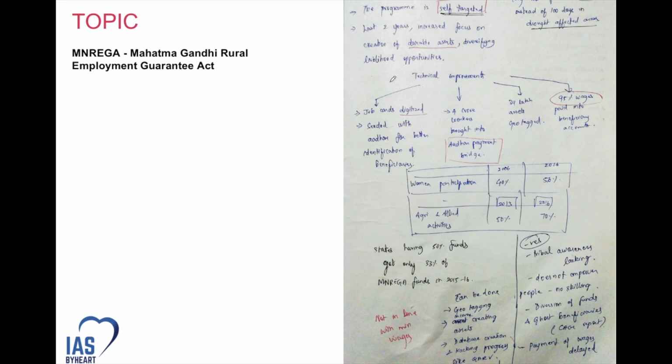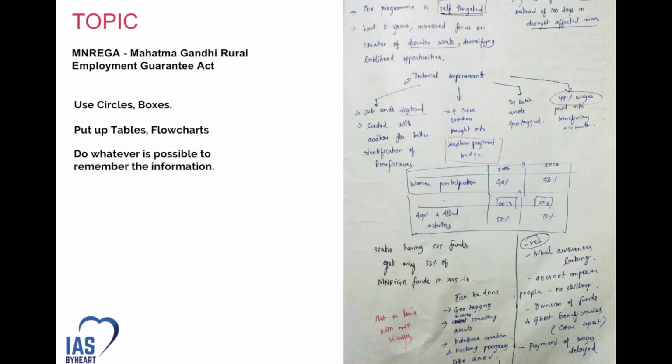Let me try to explain this with a particular example. I took up a topic called MNREGA, which is the Mahatma Gandhi Rural Employment Guarantee Act. I'll show you my notes. I used to make use of flowcharts and tables, and I used to highlight important points in different color pens so that I know which points are important and which keywords are important.